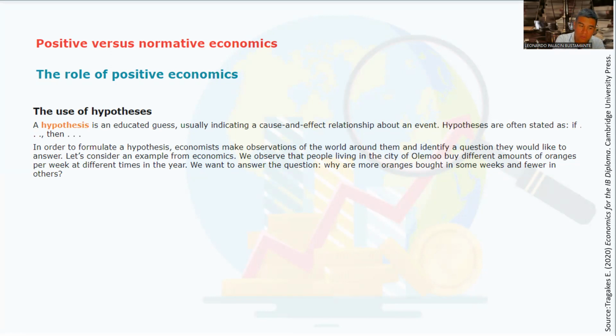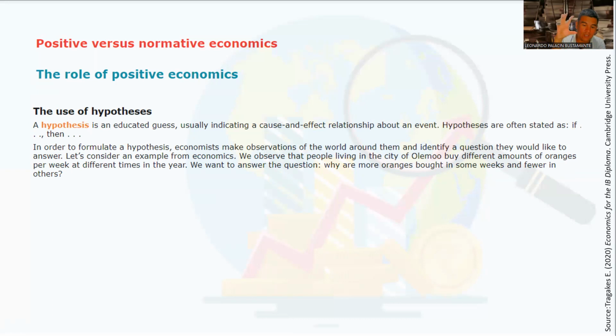In order to formulate a hypothesis, economists make observations of the world around them and identify a question they would like to answer. Let's consider an example from economics. We observe that people living in the city of Olemu buy different amounts of oranges per week at different times in the year.